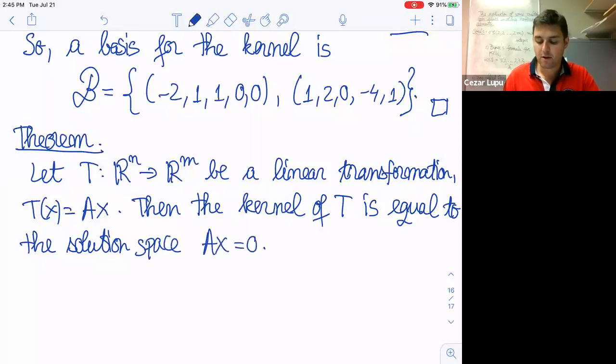In other words, the kernel of T will be nothing else than just solving this matrix equation.